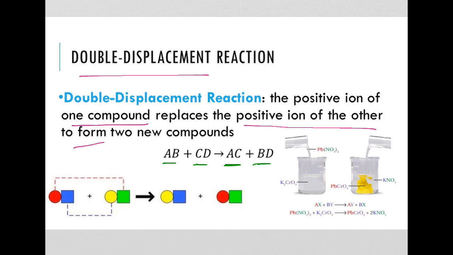I can have AB plus CD now makes, here I have CB and AD, another type of displacement. The same thing, we're just switching. Here we switched where the blue and yellow are and where the green and red are.